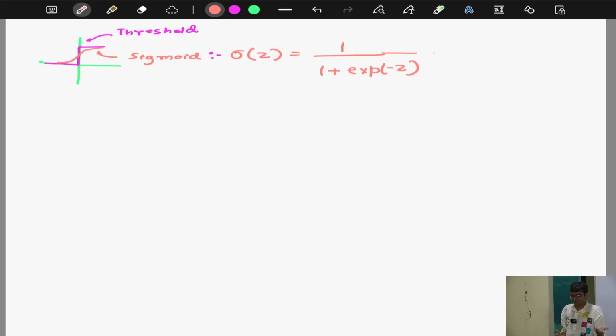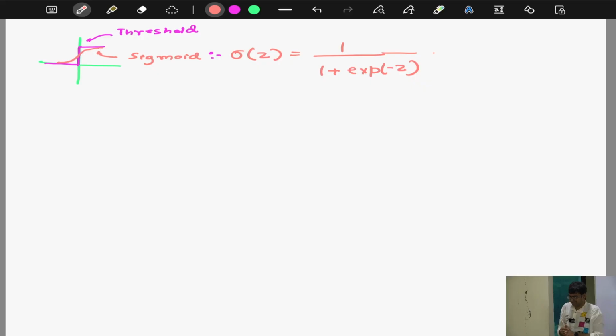Very small, 0. So sigmoid activation has the problem known as the vanishing gradient problem. In this activation, the gradient starts vanishing, so you cannot go far away on either side. It's symmetric.